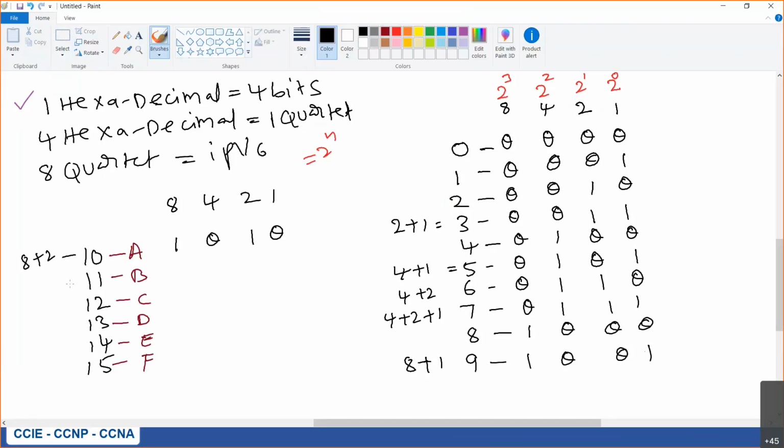B is 11, which means 8 plus 2 plus 1. C is 12, 8 plus 4. D is 13: 1, 1, 0, 1. E is 14: 1, 1, 1, 0. F is 15: 1, 1, 1, 1.